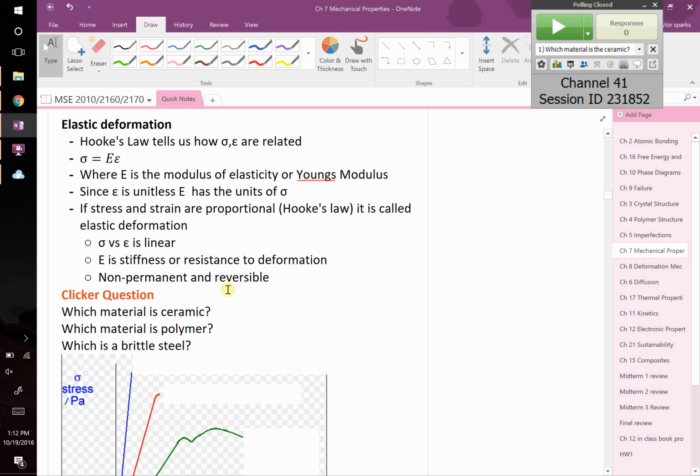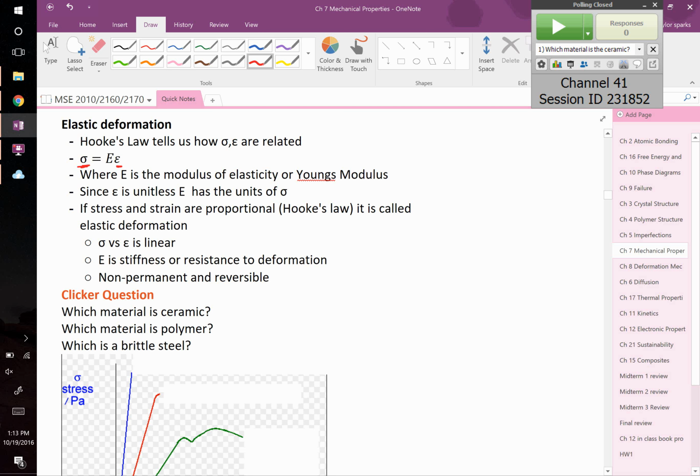Okay, there's elastic deformation. When you took chemistry, or physics actually, you probably saw the example where they took a spring and put a mass on it and started it oscillating. They talked about how a different mass or a different spring constant can change the rate of oscillation and the amount of deformation, the deflection of the spring. That is just a manifestation of Hooke's law. Hooke's law says when you apply a stress, sigma, you're going to get a strain.